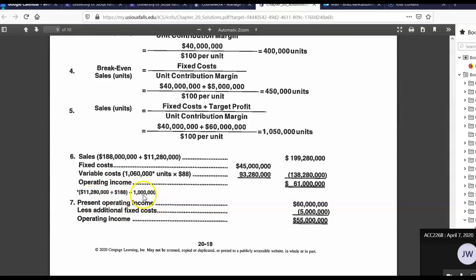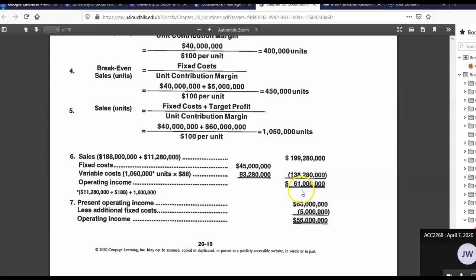So our original million that we were selling, according to our text, plus another 60,000, then we take our 1,060,000 times the variable cost is our 93 million. So sales minus fixed costs minus variable costs is our operating income of 61 million.